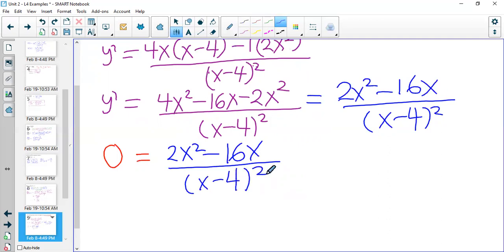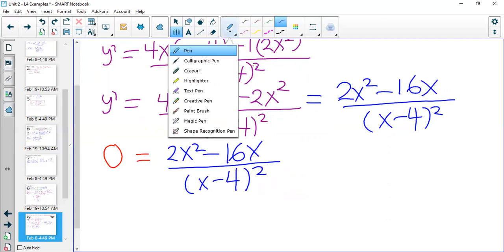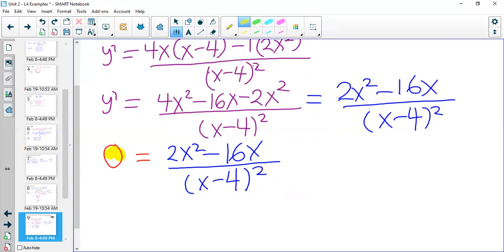Now, when you do that, with cross multiplying, and you should all be very familiar with this, the 0 will cancel out x minus 4 squared, the denominator, completely.